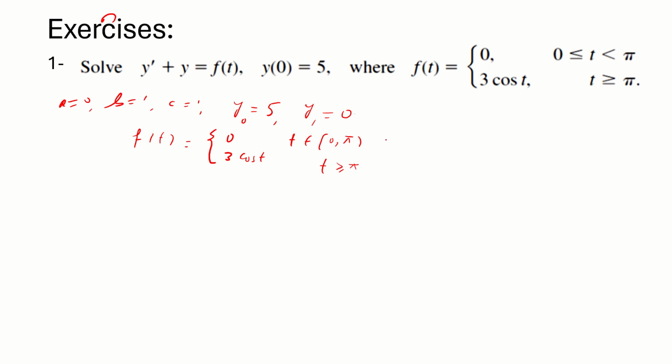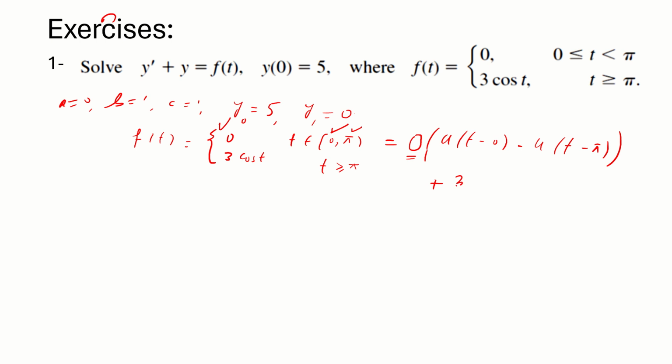So we first express f of t using unit step functions. The first part is 0, and we have u(t minus 0) minus u(t minus pi). I explained that in previous lectures. So we simply multiply the value of the function into u(t minus the left end of the interval) minus u(t minus pi). But because this is 0, everything will be 0.